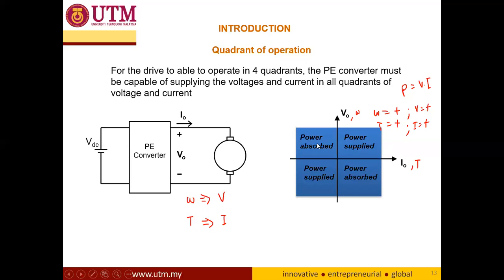While at this point the power is absorbed, because the voltage is positive but the current is negative, meaning the circuit absorbs the power generated by the motor.